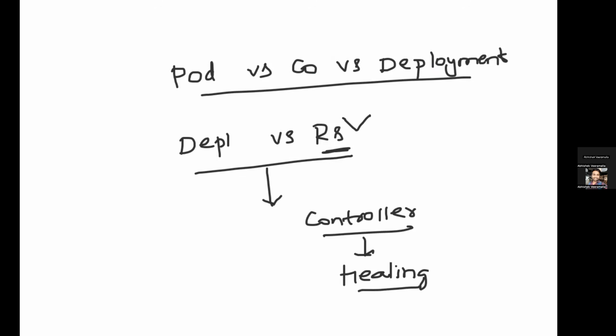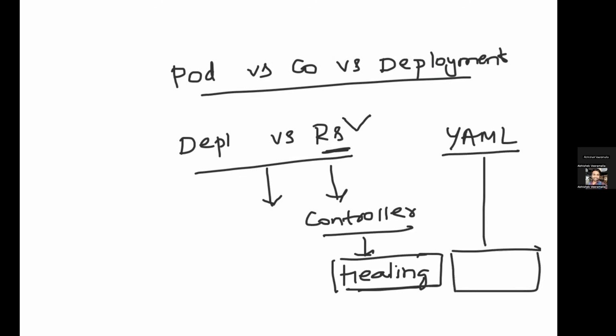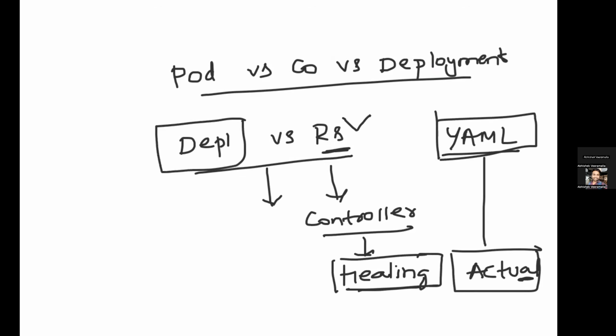The replica set controller is the one actually implementing the auto healing capability, by making sure the desired state in the deployment YAML manifest is the actual state on the cluster. So when you create a deployment, a replica set is created automatically, which is responsible for tracking this controller behavior in Kubernetes.